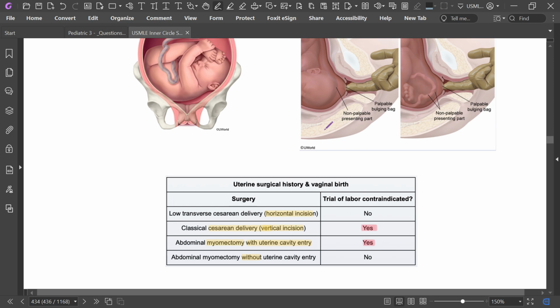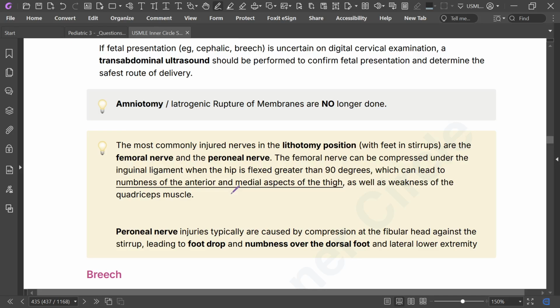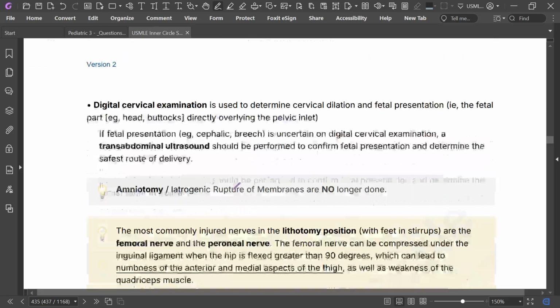Abdominal myomectomy with uterine cavity entry: contraindicated, yes. Abdominal myomectomy without uterine entry: not contraindicated. If there is uterine entry, or a classic CS, trial of labor is contraindicated.